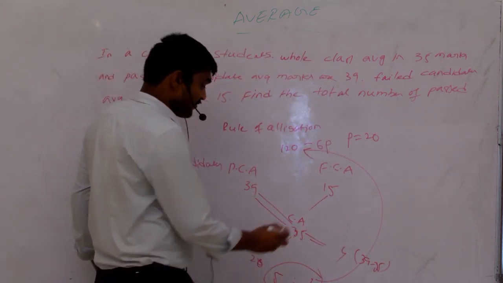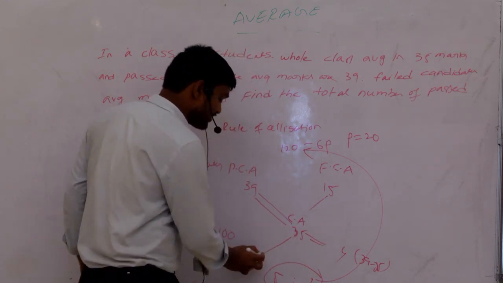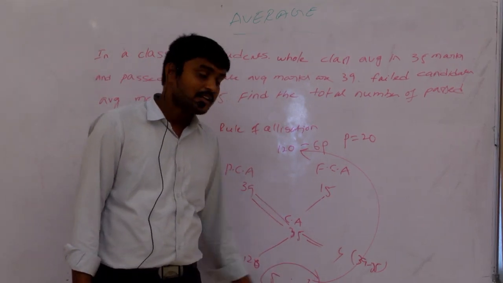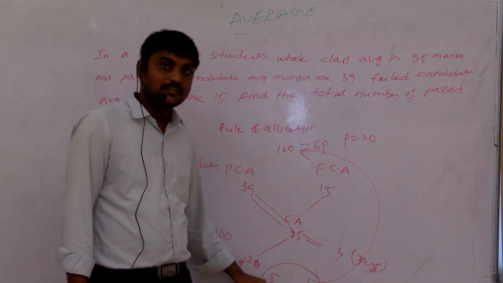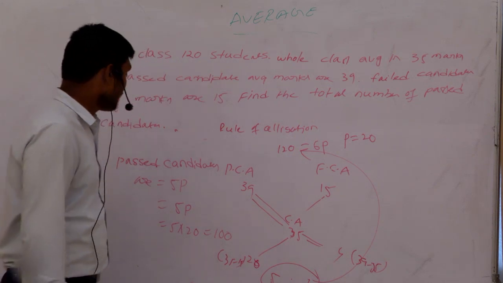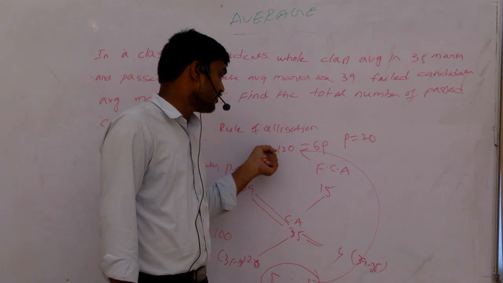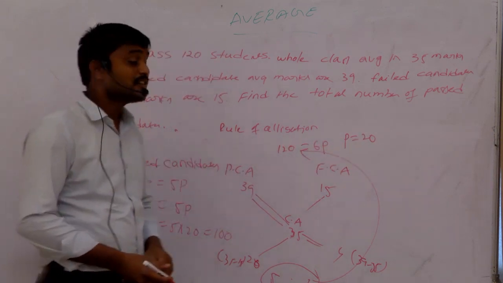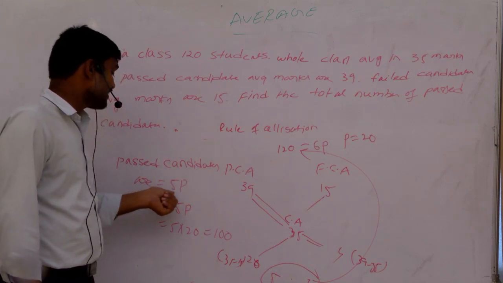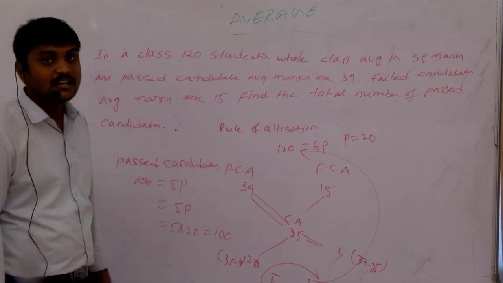Then 35 minus 15 is 20. So in the ratio, that is 5 is to 1. Passed candidates 5, failed candidates 1. So total 6 pots equal to 120. So 1 pot equal to 20. For passed candidates, that is 5 pots, 5 into 20, 100. So passed candidates are 100.